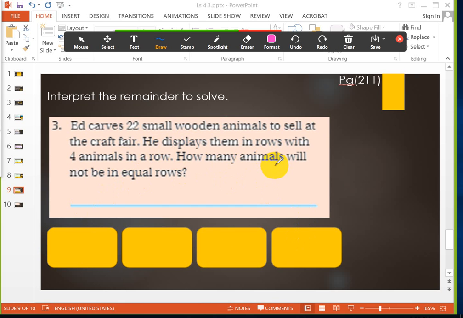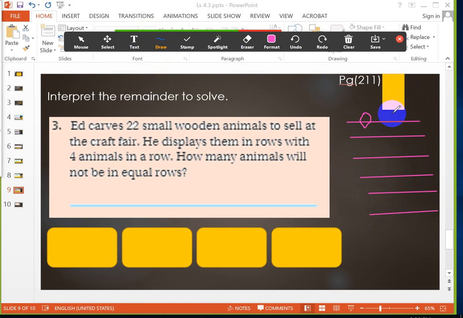How many animals will not be in equal rows? Okay, that means he will put them in a row like this. Okay, row. You know the row? That means he will order those crafts like this in rows. In each row he will put only 4 animals, something like this.